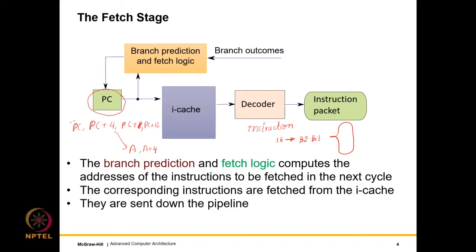If you are fetching 4 instructions at the same time, any subset of them can be branches. So it is the job of the branch prediction and fetch logic to predict both the direction of the branches as well as the target and fetch instructions from there and give us as many instructions from the correct path as possible, such that we can sustain a high fetch bandwidth.